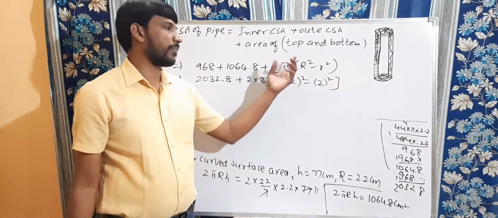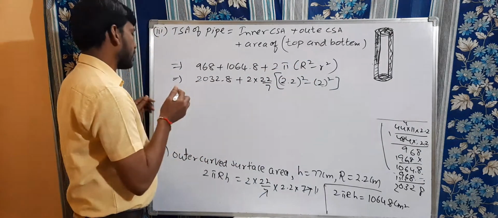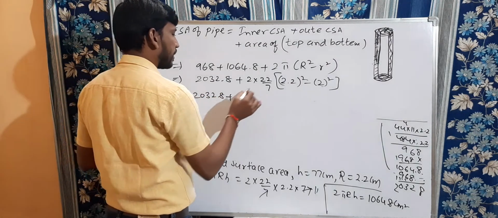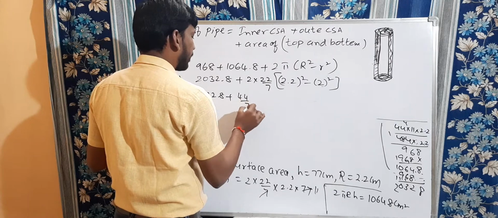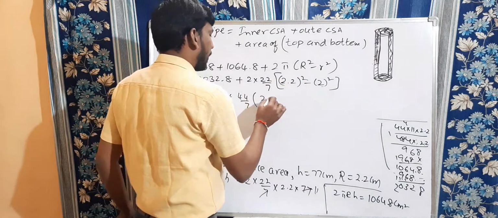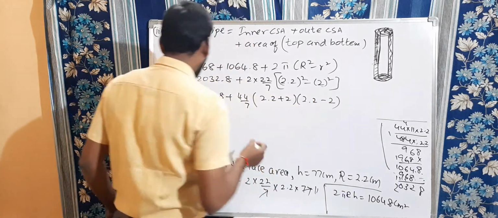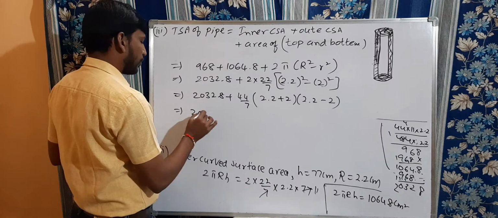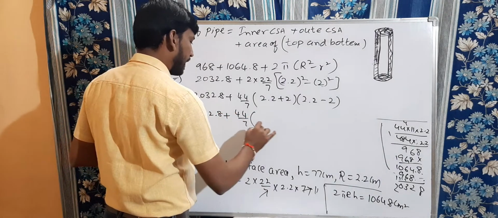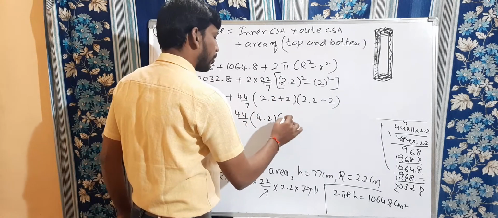What formula are we going to apply here? a square minus b square is a plus b into a minus b. So 2032.8 plus 44 by 7 into 2.2 plus 2 into 2.2 minus 2, which implies 2032.8 plus 44 by 7 into 4.2 into 0.2.